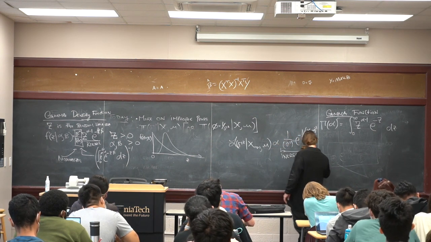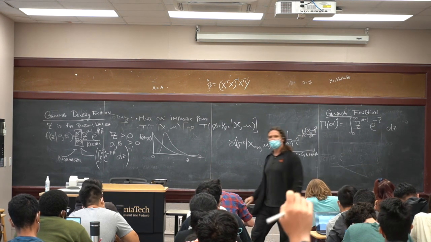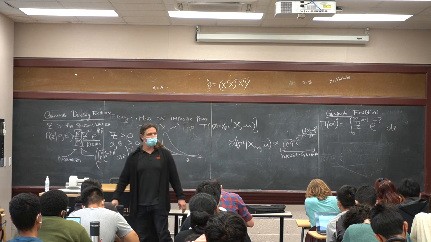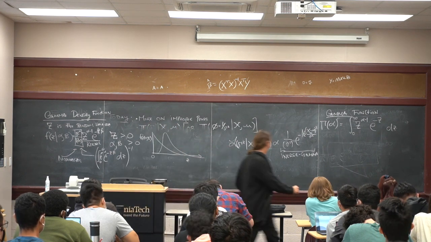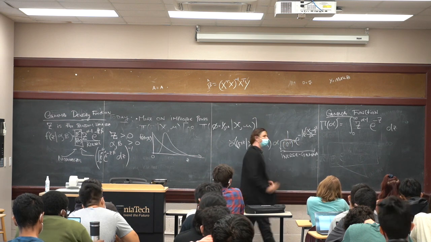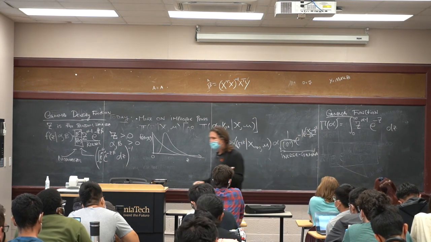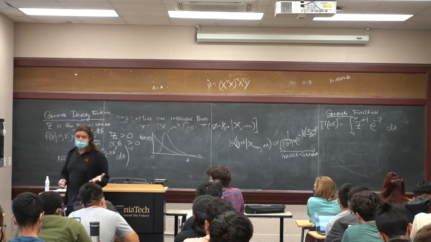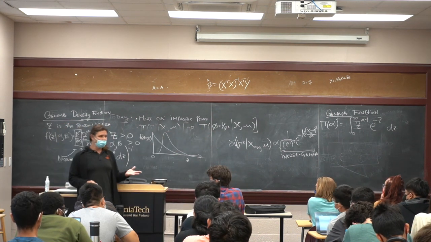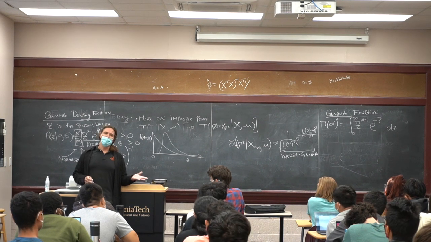Has anybody ever worked with an inverse gamma distribution? We've got one. Did you mean to drop the square root on this sigma squared? Yes. So we got one. Let me just ask a different question. Anybody ever use a gamma distribution in here? More than one.